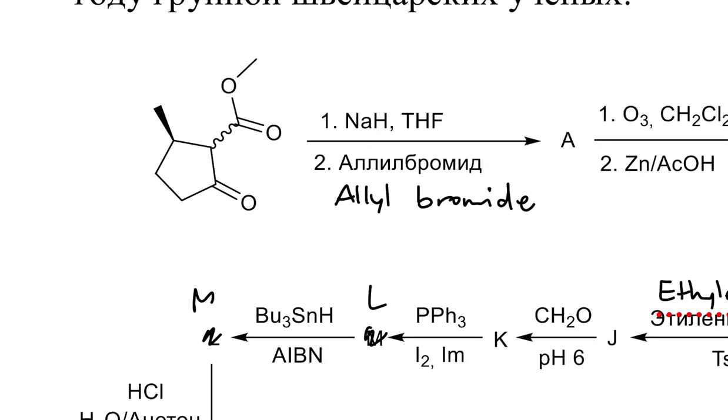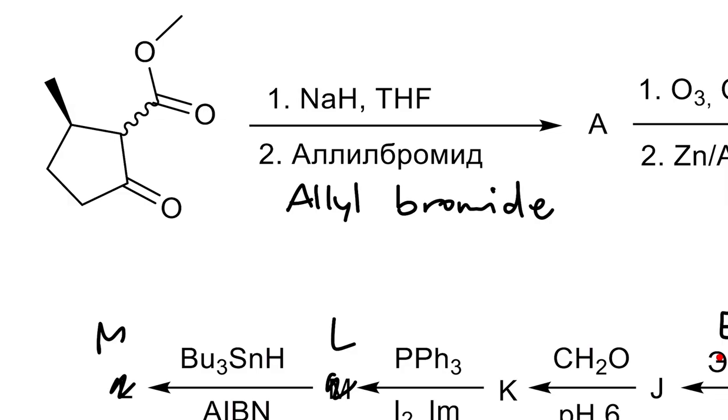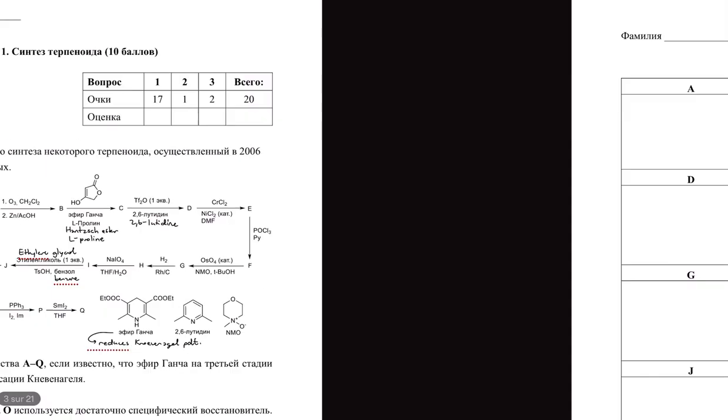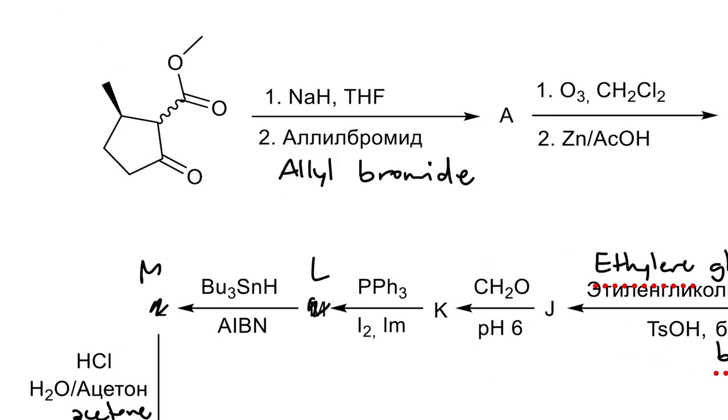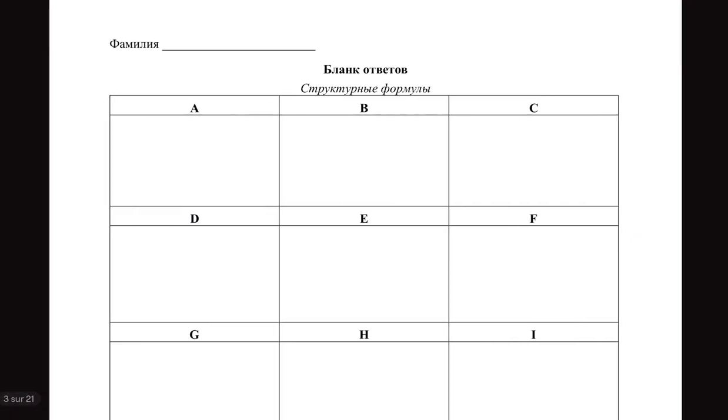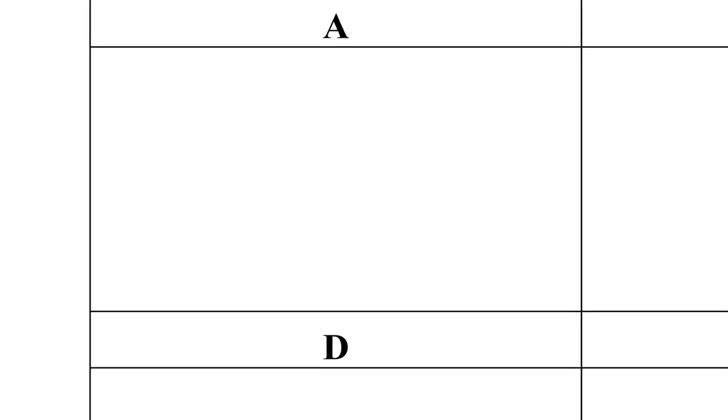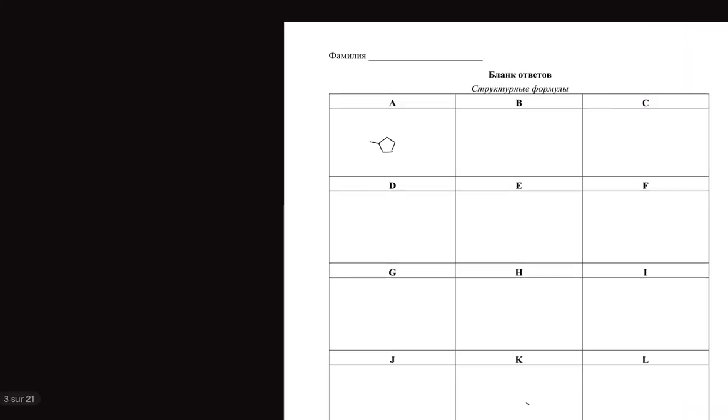So let's look at our starting product. We treat it with a strong base and an allyl bromide. Of course, this is your classic SN2 moment. This proton is abstracted because it has the least pKa. So let's draw our product. It's a 5-membered ring with that coming out, and then what's next?